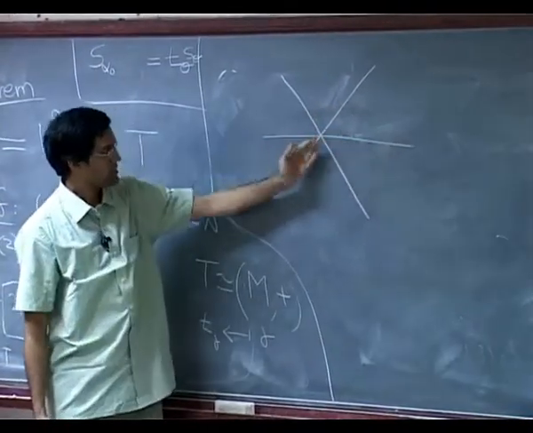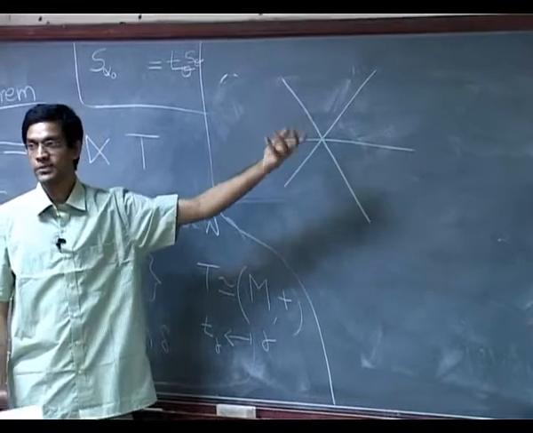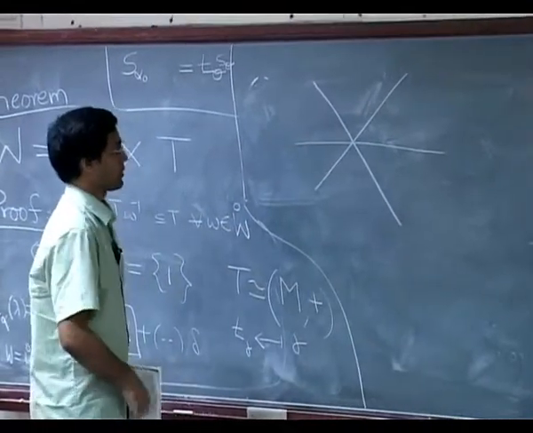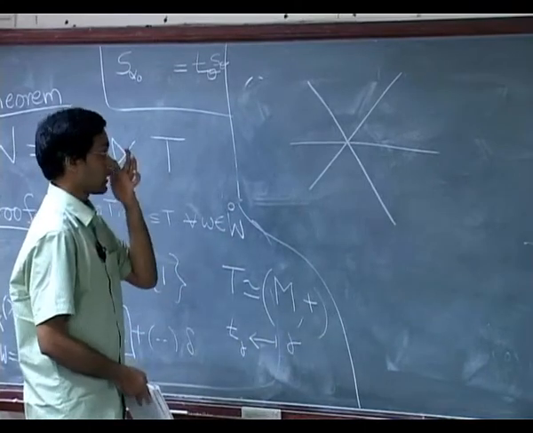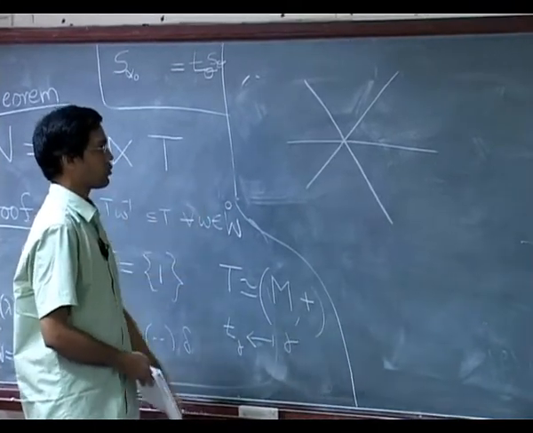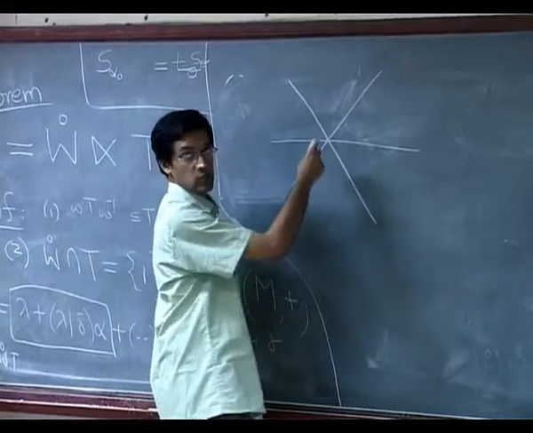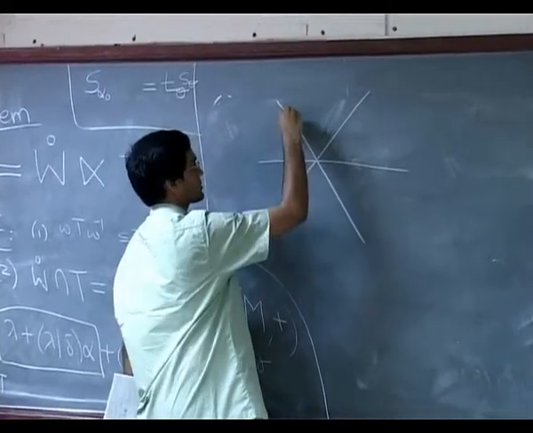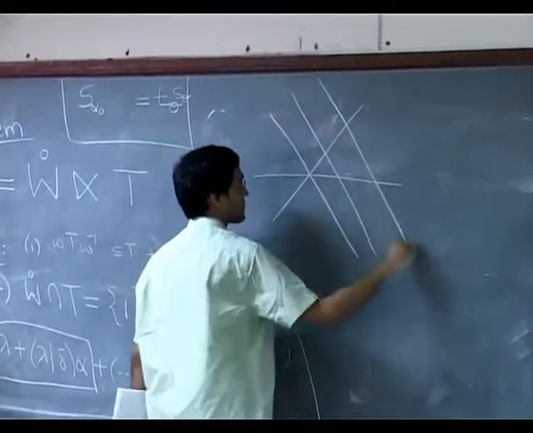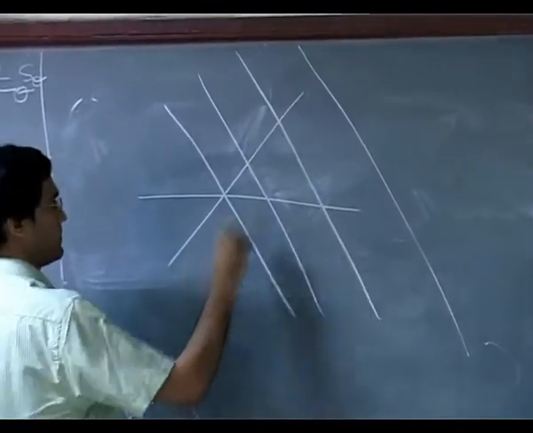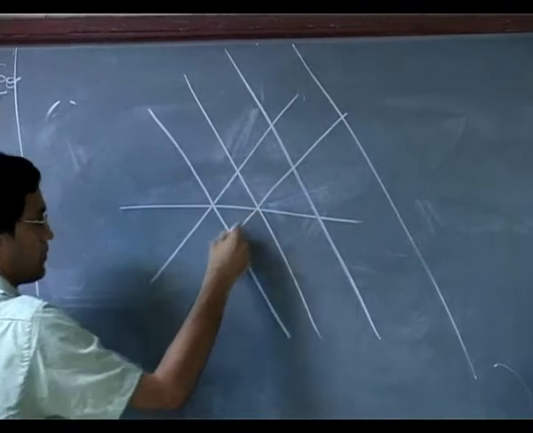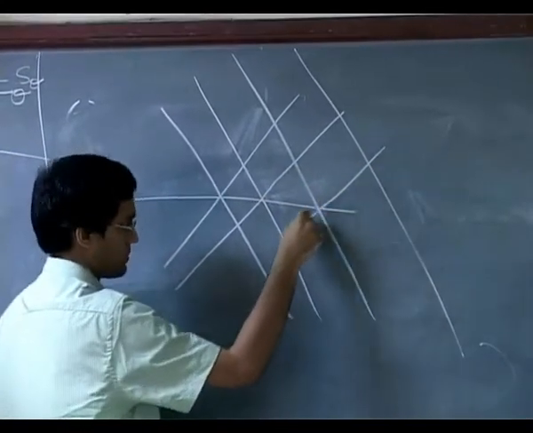Reflections about the hyperplanes, they sort of generated the group S3, the finite Weyl group. Now instead, if you also allow translations, you can look at the following group. You look at these planes and you also look at translations of these planes. So for example, take this plane and sort of look at these guys.